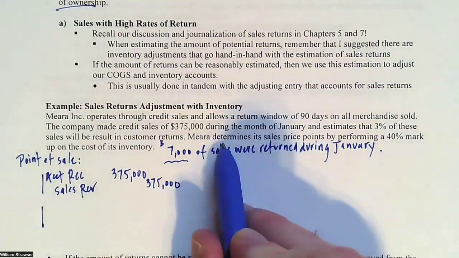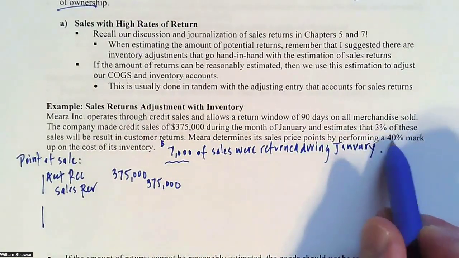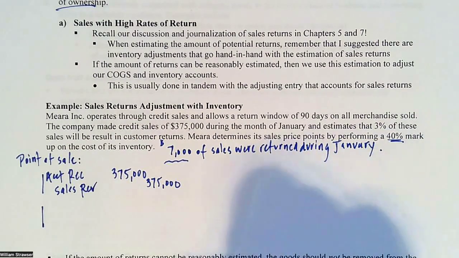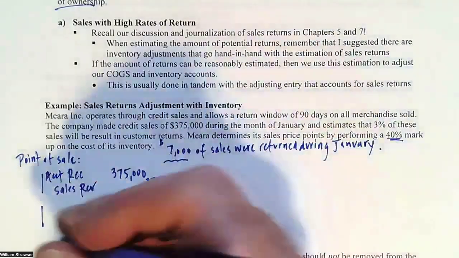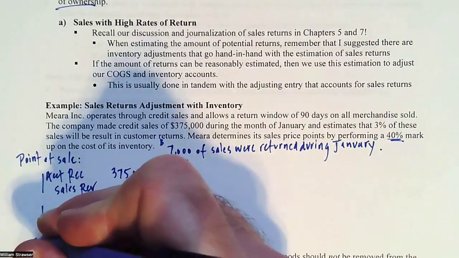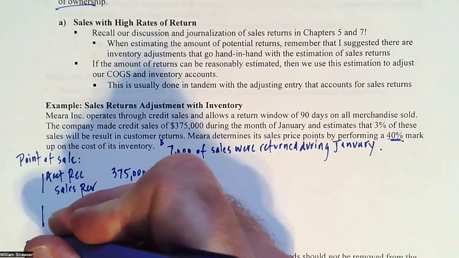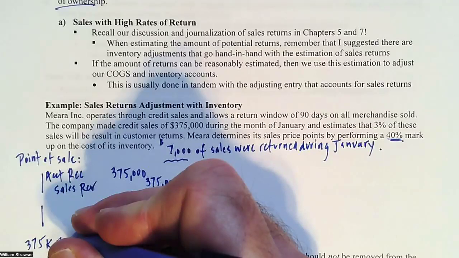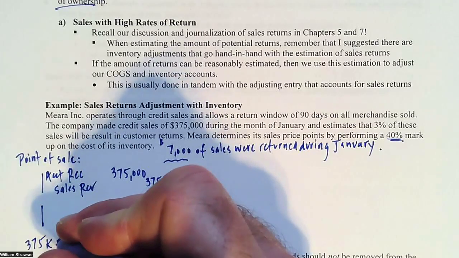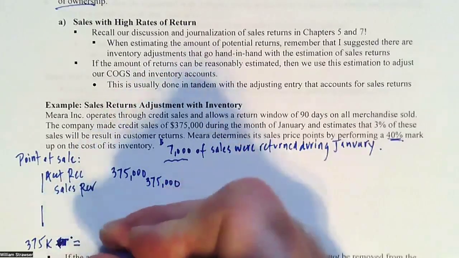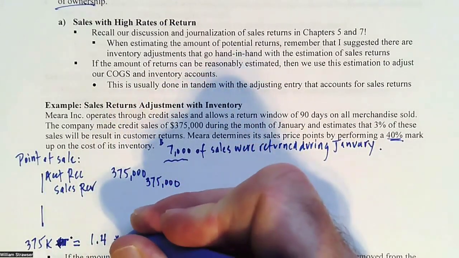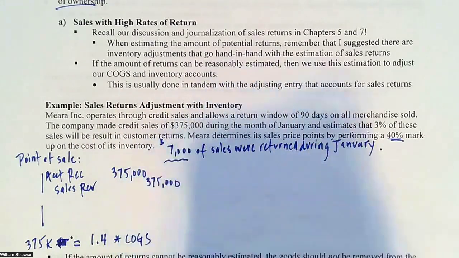We would have to then also establish the cost of goods sold here. Now it says that they determine their sell price points by performing a 40% markup on the cost of inventory. So what that implies is 375,000 is 140% of the cost of things that I sold.